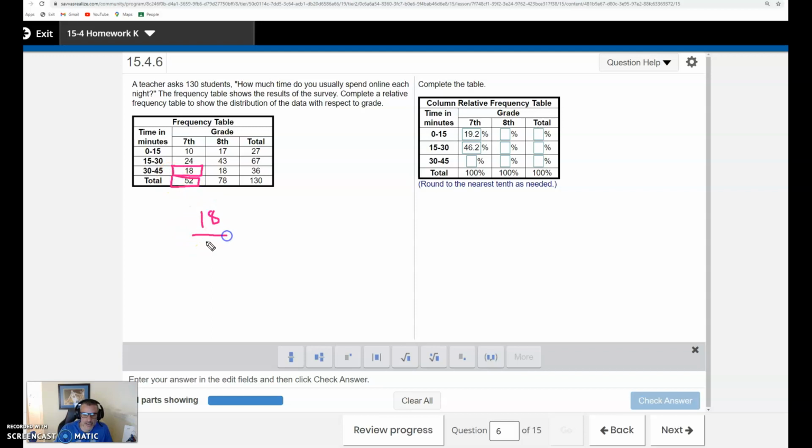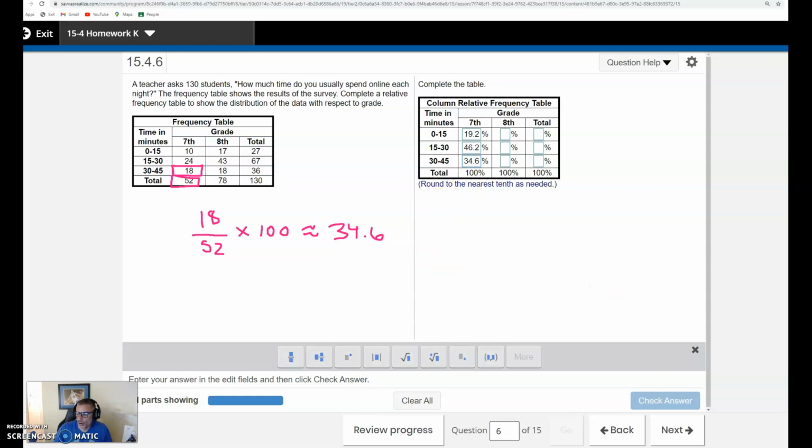So that'd be 18 divided by 52 times 100, which is approximately 34.6%. And that would go right here. And again, those should add up to 100.